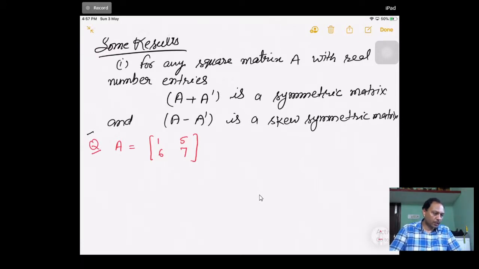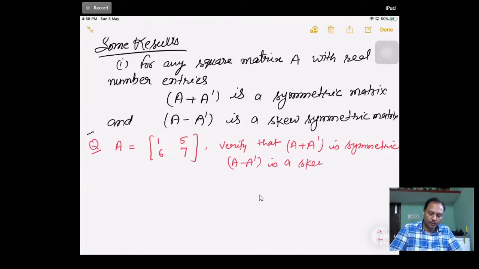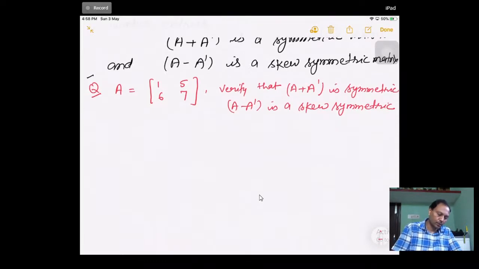We are going to verify that A plus transpose A is symmetric and A minus A prime is skew-symmetric.